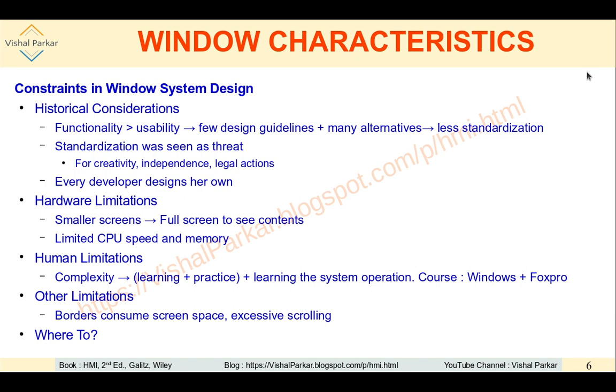This is the very reason there were few design guidelines for how Windows systems can be designed. And as there were no such proper guidelines available, every designer was attempting to have his or her own design. Many alternatives were possible. So there was no such standardization of the GUI design process or the window design, you can say. So less standardization was there.